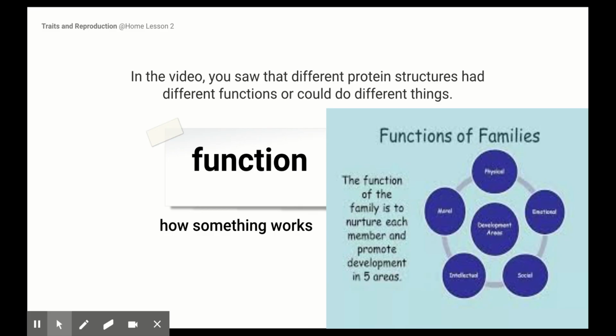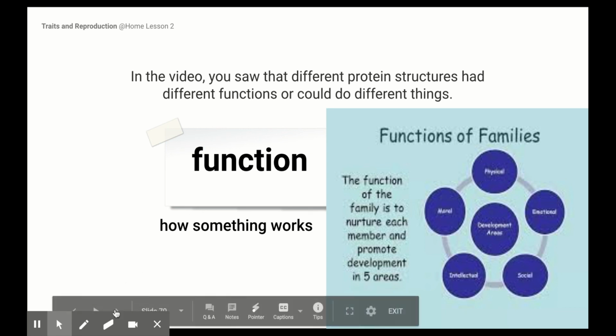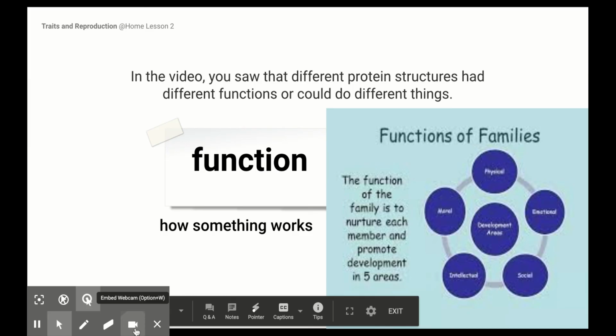So, think about the function of your family. What is the function of spider silk? Why does a spider need to produce a spider web?